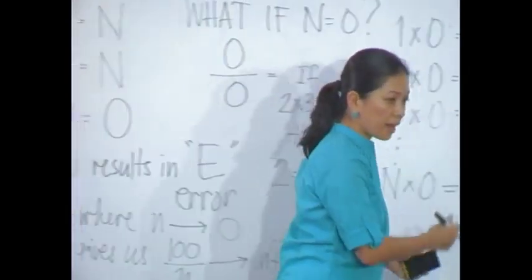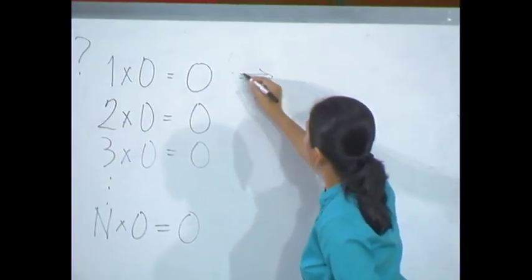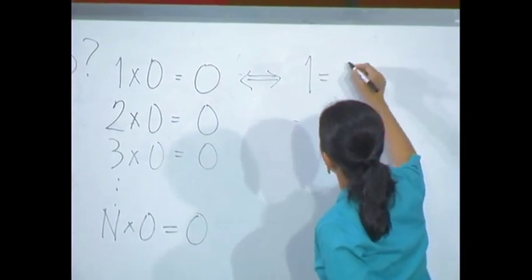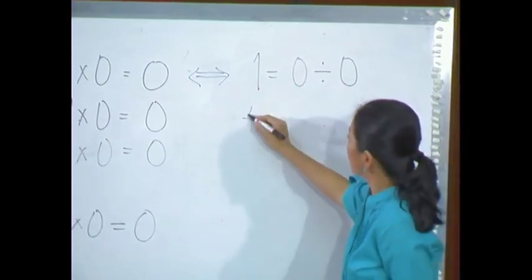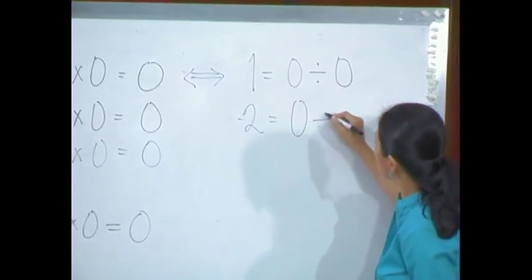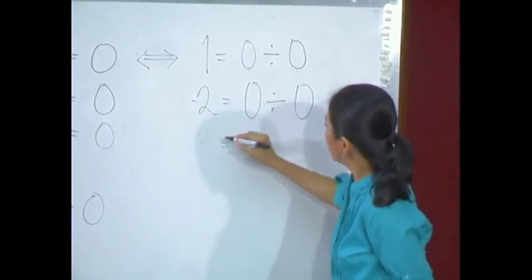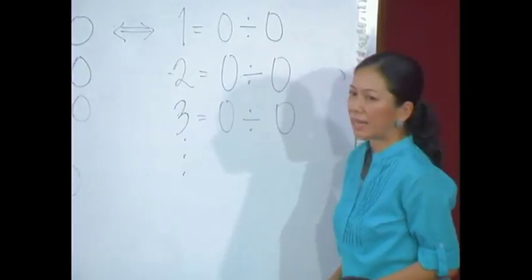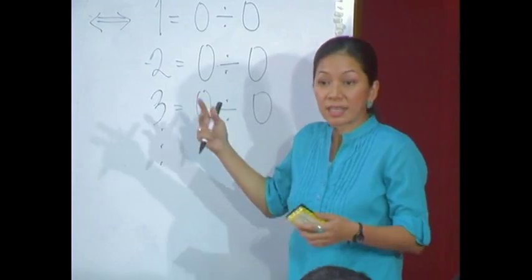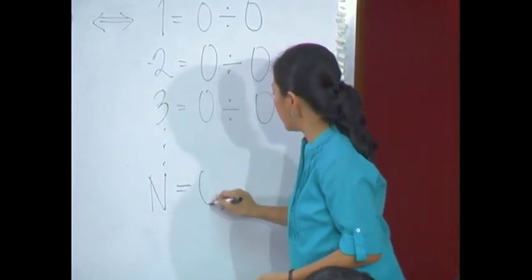So using the same equivalence, this means that 1 is 0 divided by 0. 2 is 0 divided by 0. 3 is 0 divided by 0. Now, class, it's not just 1, it's not just 2, it's not just 3. It's any n.